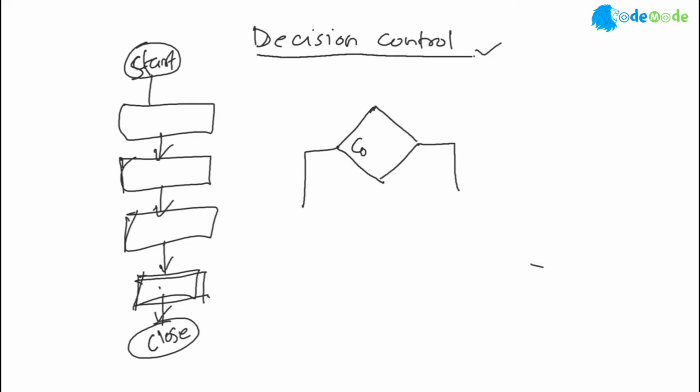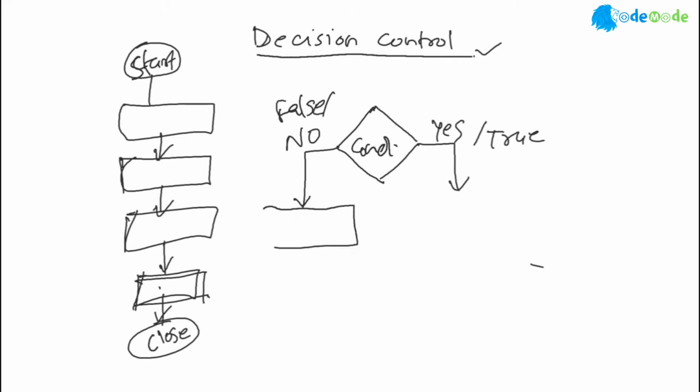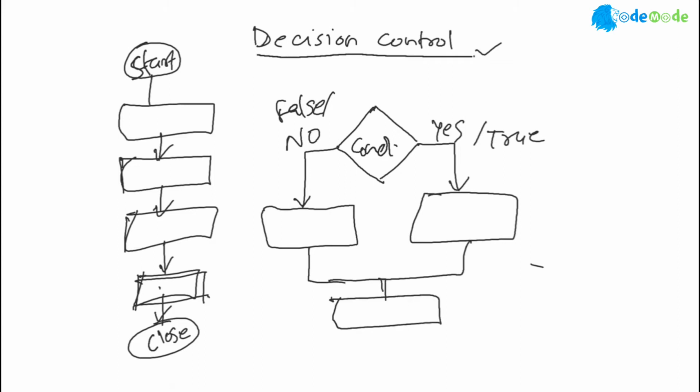If the condition is yes, then you go this route, otherwise you go this route, and say yes or true, no or false. Then you want to do something. If the condition is different, then you want to do something else, and then you may continue and converge, and then you have some common code. But this line of code or this line of code depends on true or false, and that is what we will learn in the next few lessons.